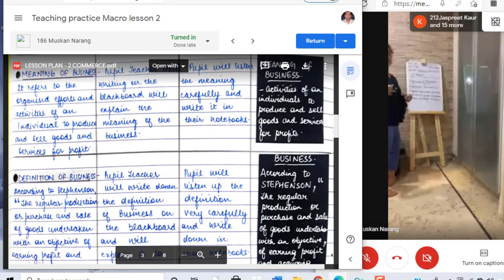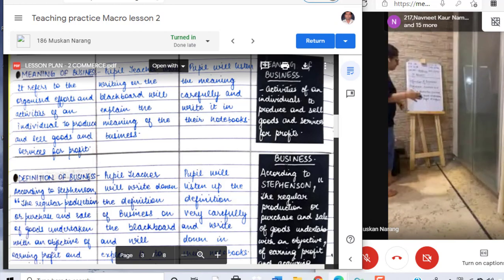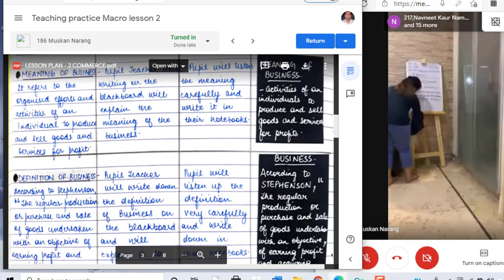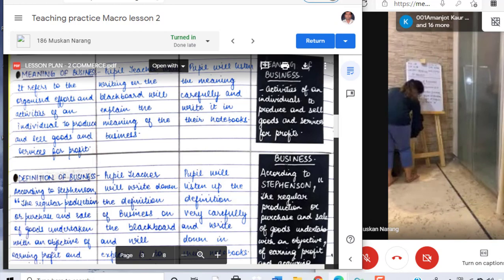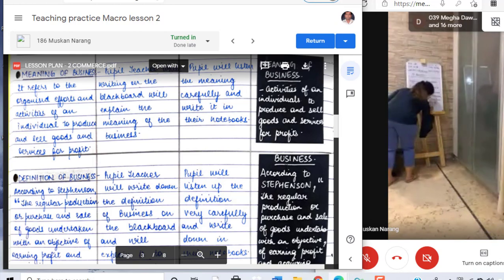Wealth is also very important, that it should be maximized, or acquire wealth in order to satisfy human wants. Yes, students, it is also very, very important.